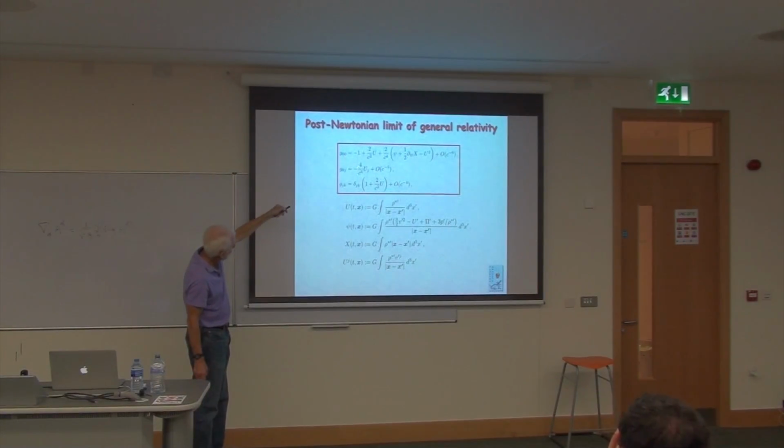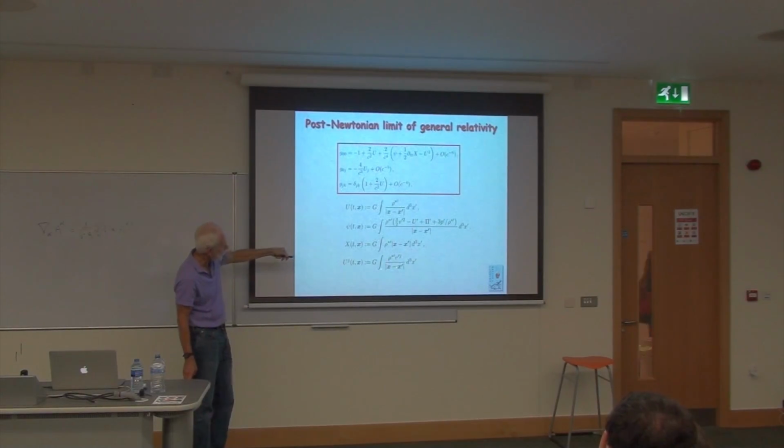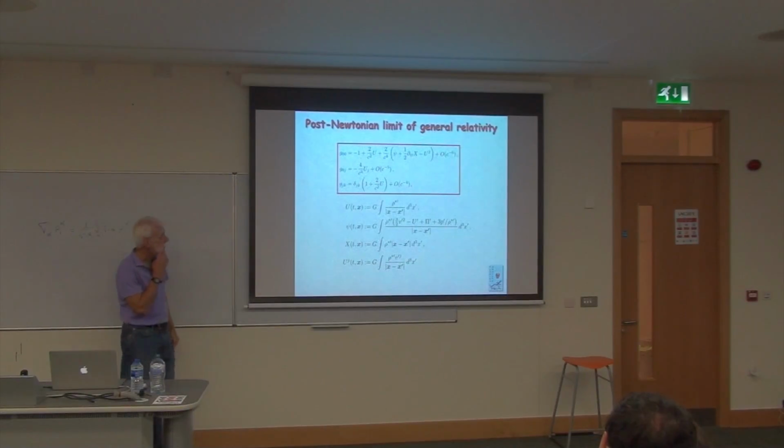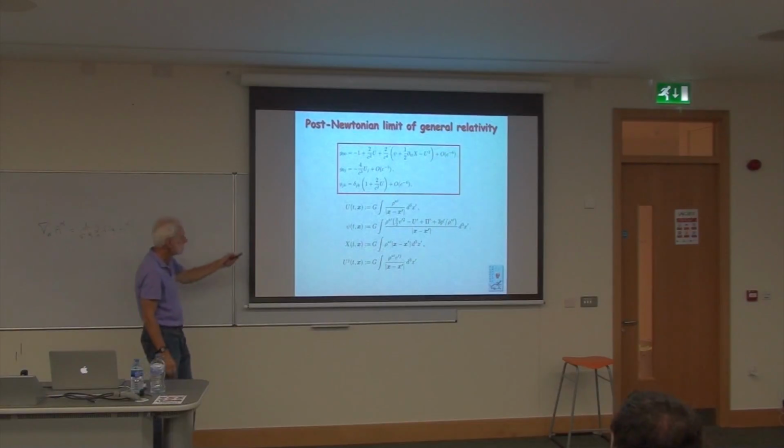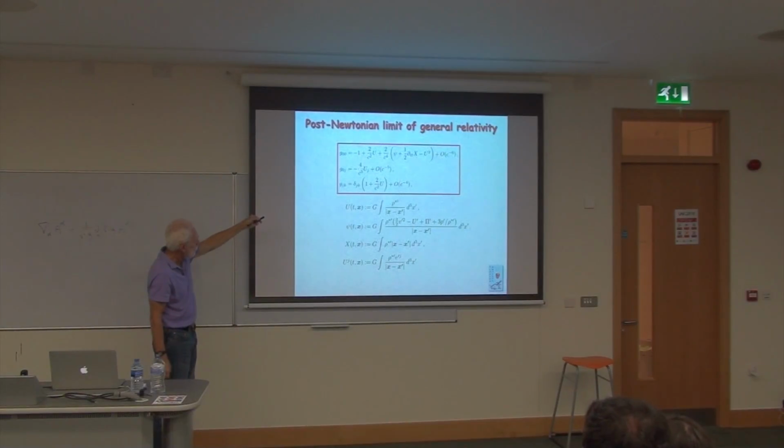G0j turns out to be this, minus 4 over c cubed times Uj, where Uj is a vector potential. Very much like the vector potential of E and M, rho prime vj prime over x minus x prime, integrated. So there's a vector piece of gravity if there's a mass current.